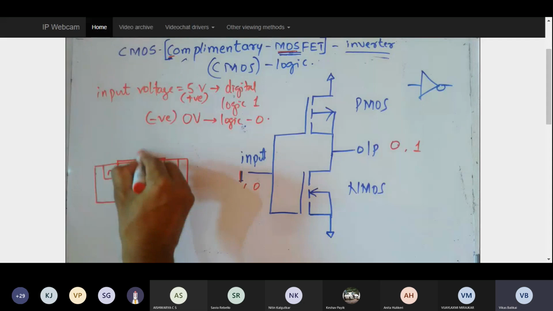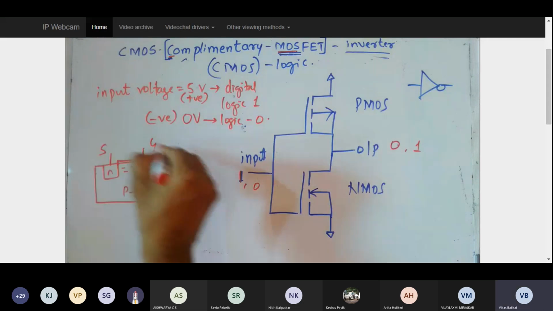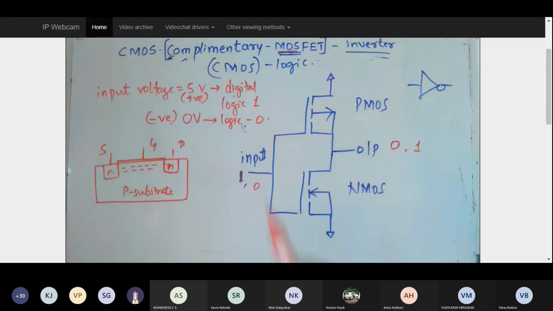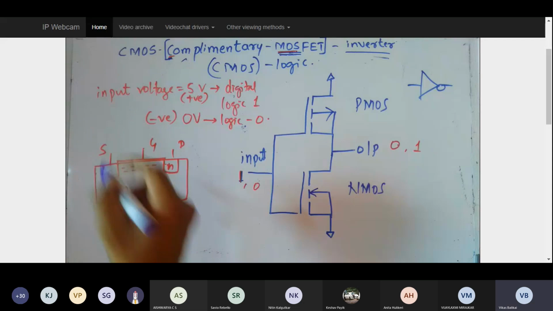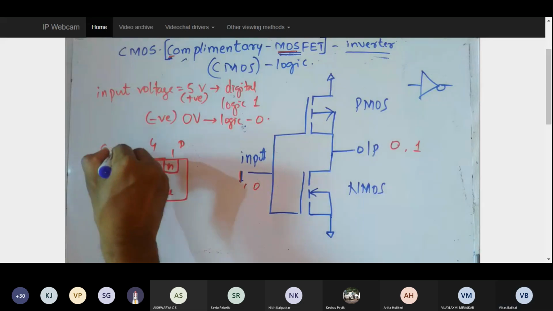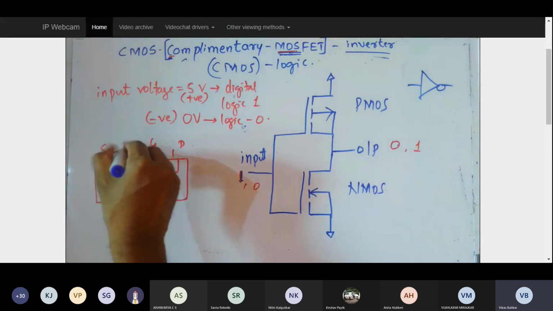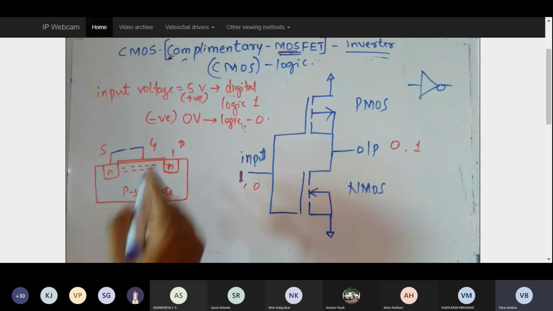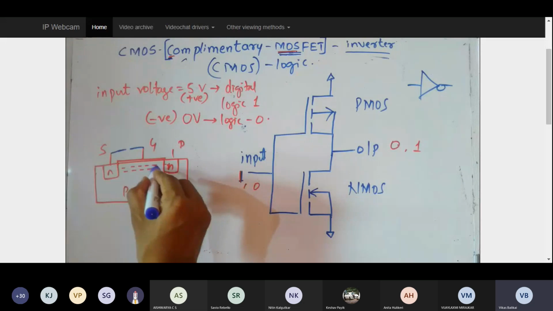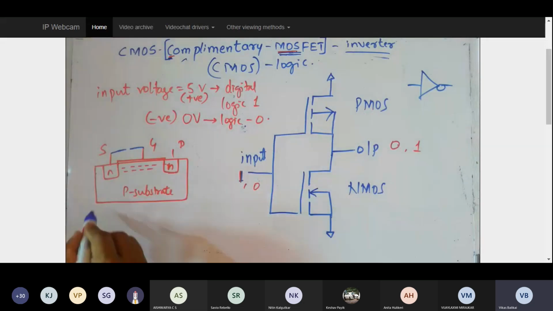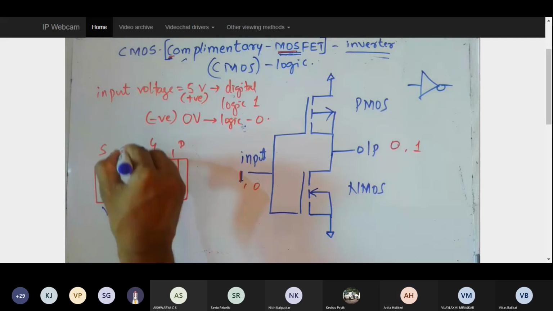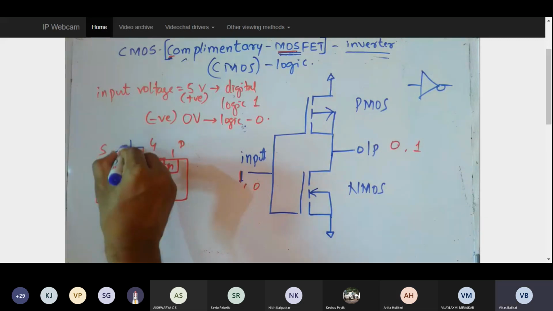So it's my gate, source, drain. Tell me, upon application of positive voltage or negative voltage, the channel is formed? VGS. It should be positive, right?